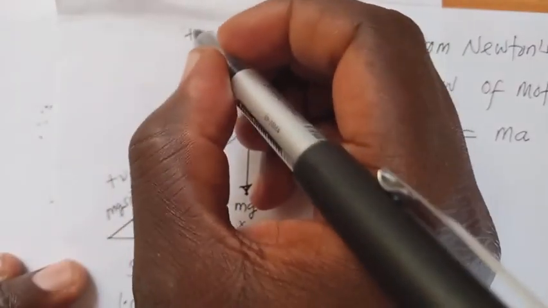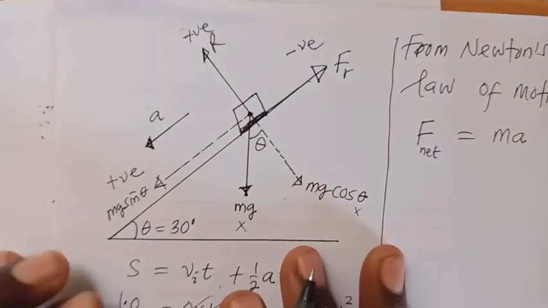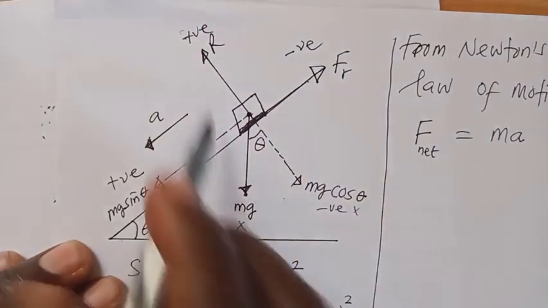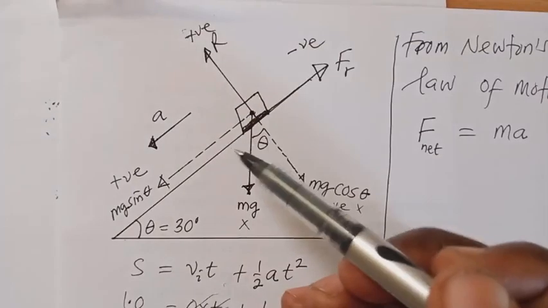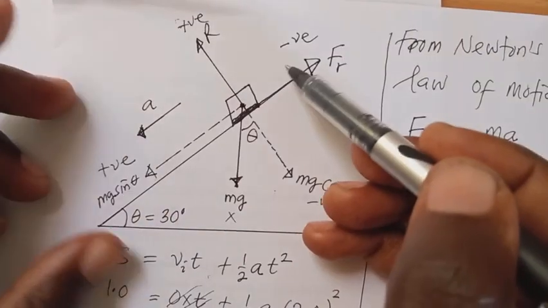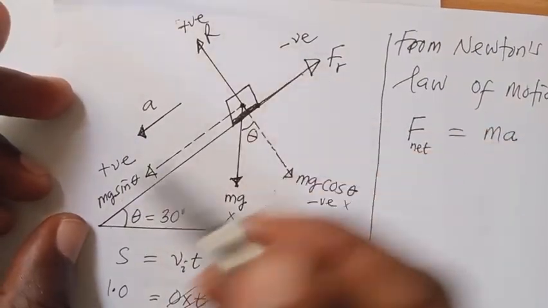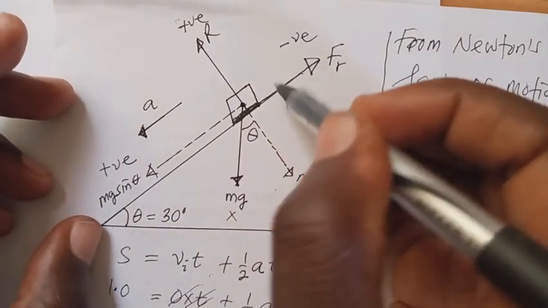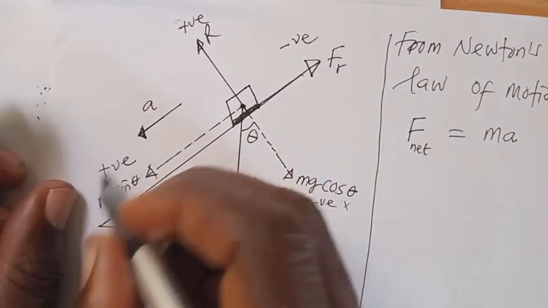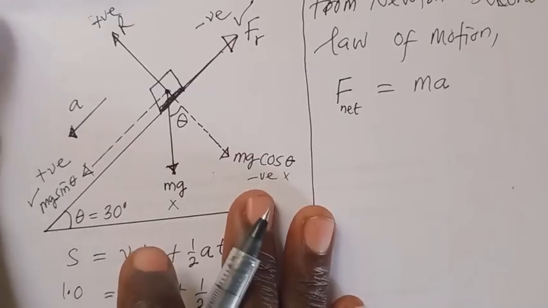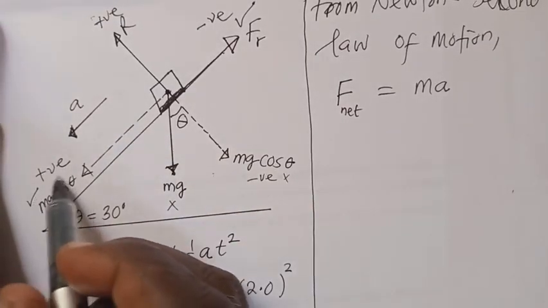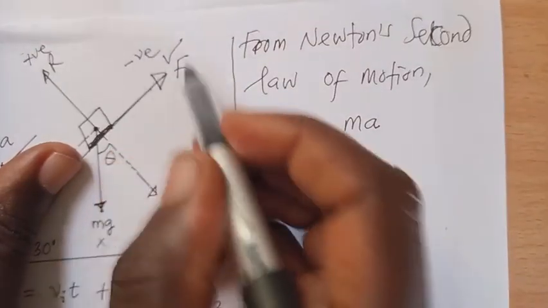If you take this as positive and this one as negative, because they are equal, they will cancel and you have 0. So the only forces you have are along here. Parallel to the plane, I have a force here and then I have a force here. So my resultant force will be the one that is positive minus this one.